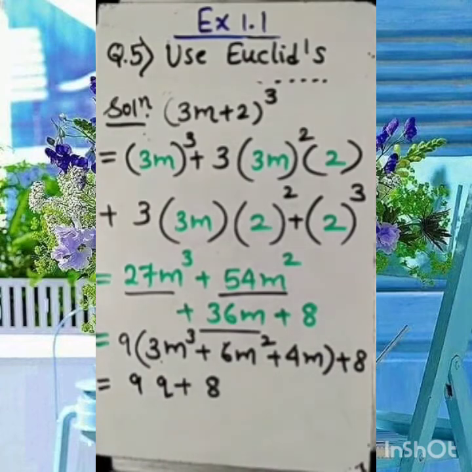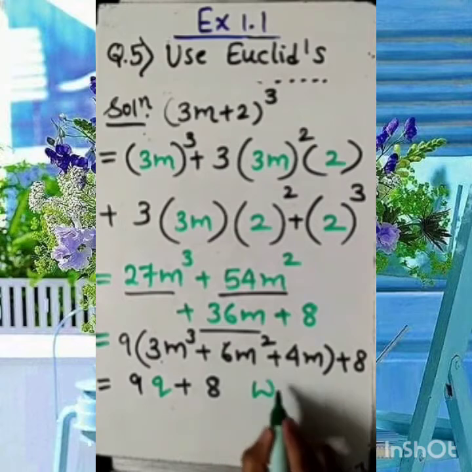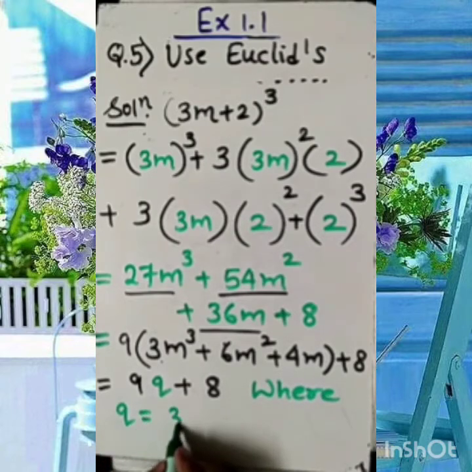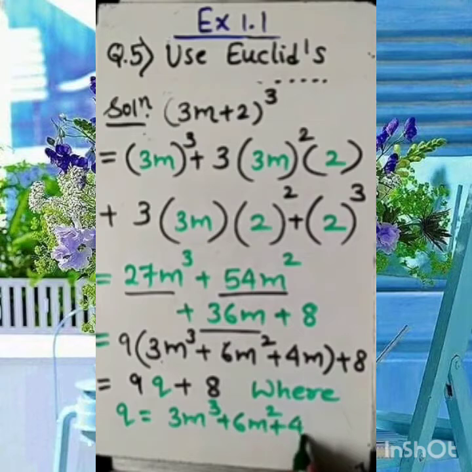That is equal to 9q plus 8. Now what is the value of q here? The value of q will be 3m cube plus 6m square plus 4m. This is the required value.